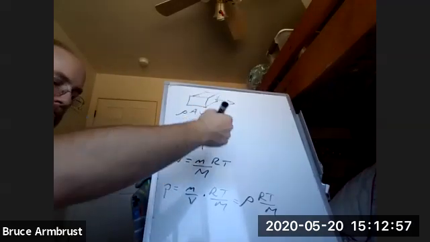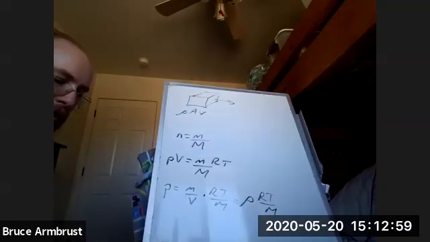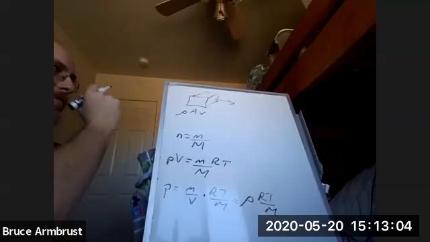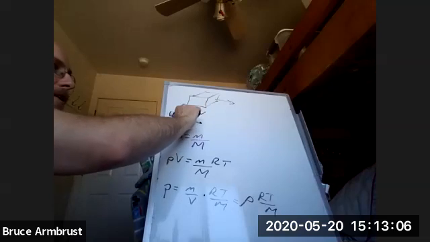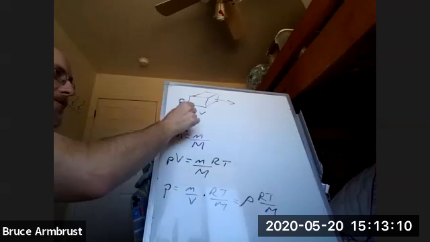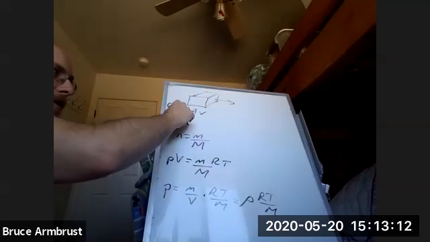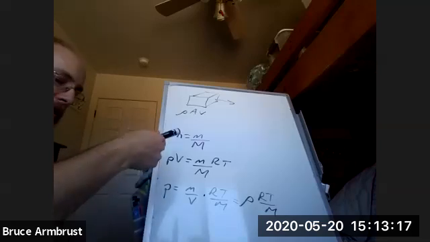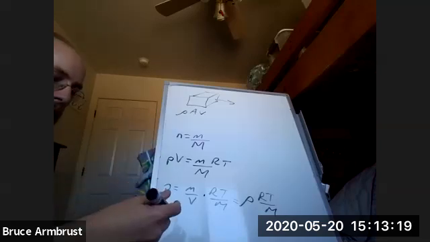This is momentum. Or it's not momentum, it's the amount coming through, because area times velocity gives you a volume, and then times rho is your mass. So this mass that goes in has to be the same as the mass that comes out.